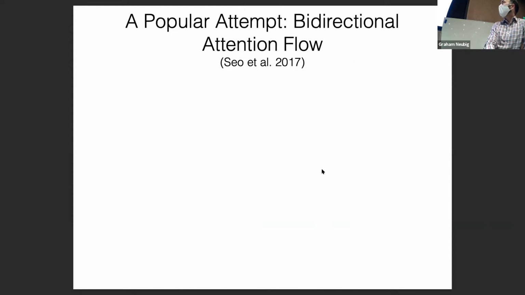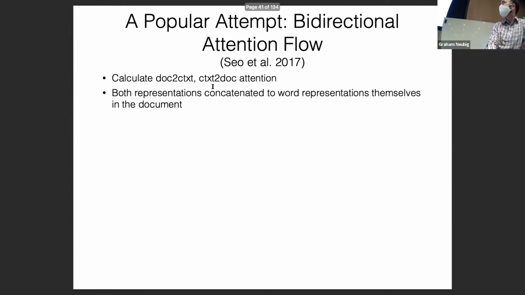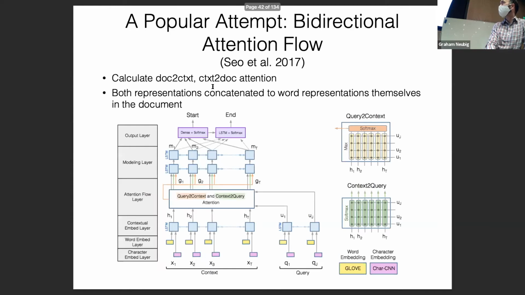This is one popular attempt that was done in early models of question answering. Basically, it would calculate document to context and context to document attention, and both representations were concatenated to word representations themselves in the document.